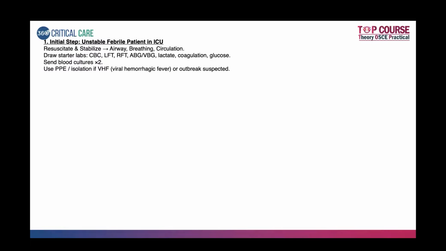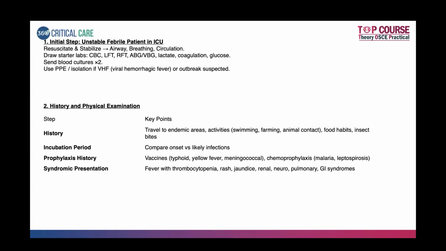Coming to history and physical examination, with regard to history, it is always important to know about travel to endemic areas, activities like swimming, farming, animal contact, food habits, or insect bites. Then the incubation period: compare the onset versus the likely infections.